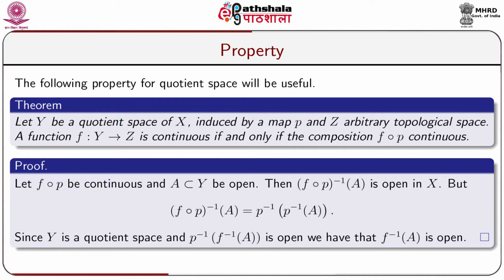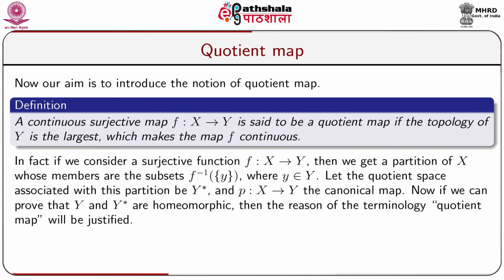This shows that f is a continuous mapping. The converse part is obvious since the composition of two continuous mappings is continuous. Next, we would like to define quotient map or identification map.